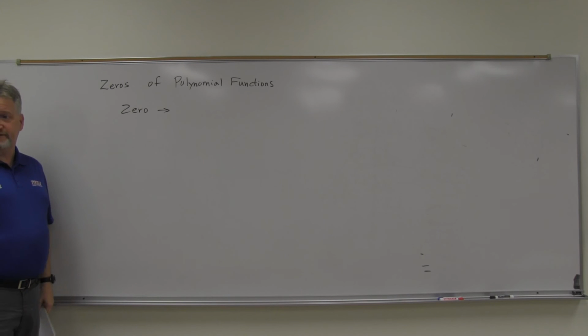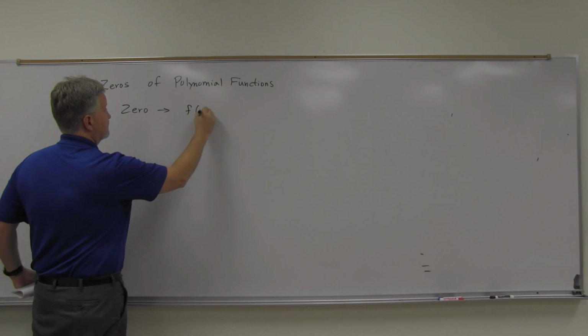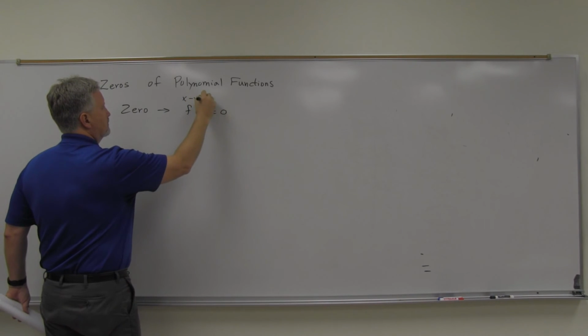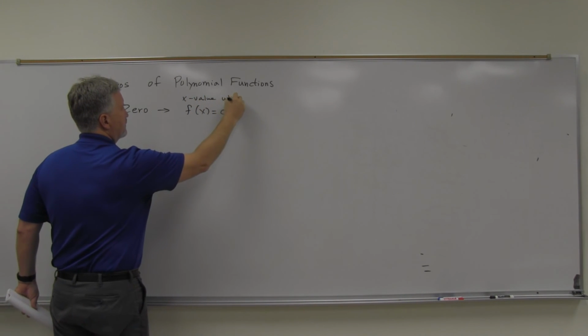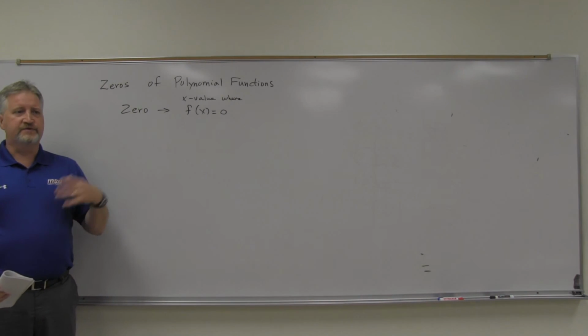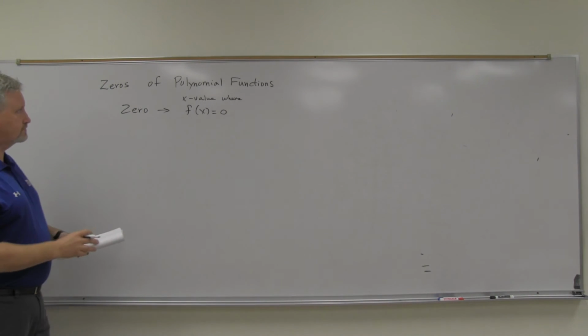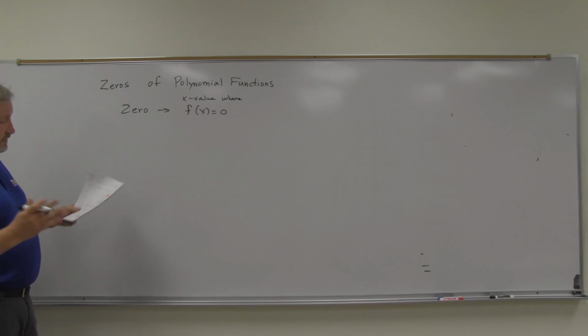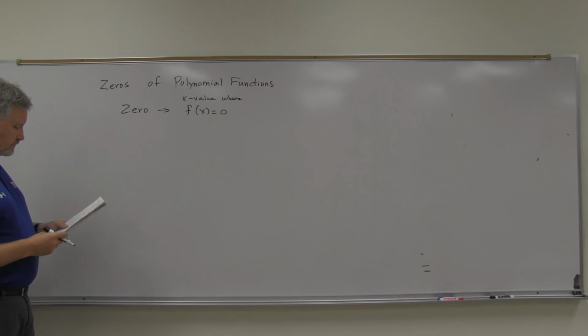Or yeah, it's the function value equals zero. So it's the x value where f of x equals 0, right? You set f of x equal to 0 and you solve it for the x value. There may be more than one.